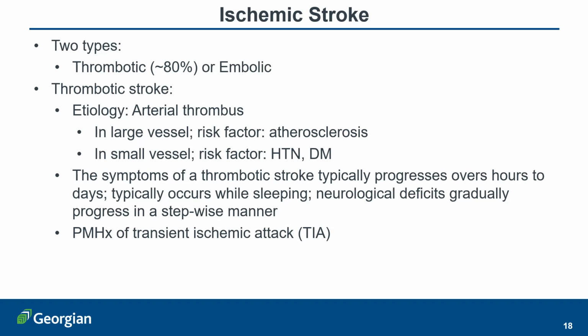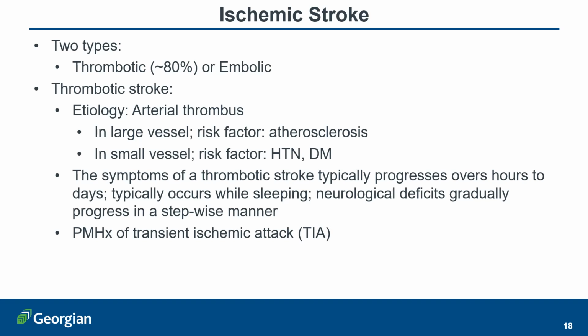There has to be a gradual progression, and that is indicative of a thrombotic stroke. An embolic stroke, as we'll see on the other hand, typically occurs very quickly, and it typically occurs while the individual is awake.